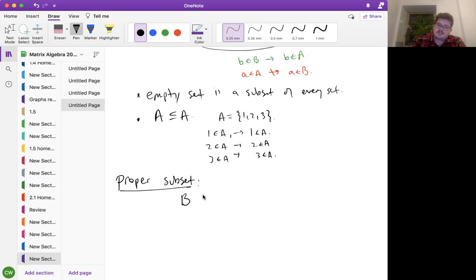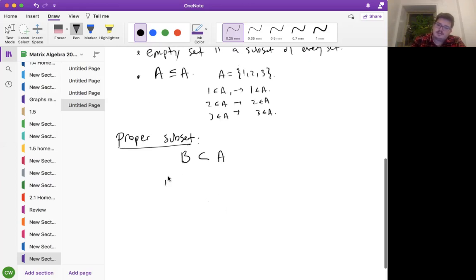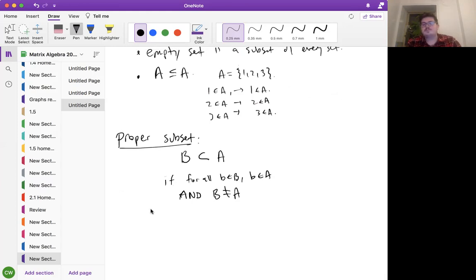We usually say B is the C thing without the line underneath it, A, if for all b in B, b is in A, and B is not equal to A. So if you want subsets to not include the whole set, then you call it a proper subset. So the only subset that's not proper is A.